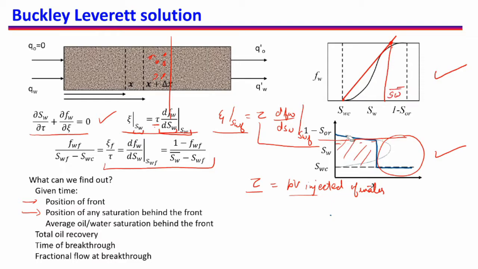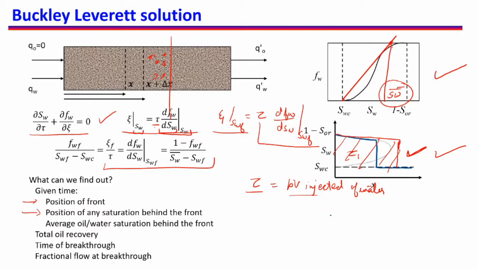No matter where our front is, suppose at time tau 1 this is the position of the front, and at time tau 2 the front will be here, the SWF remains the same for all the time, and now our SW profile will look something like this. In this case also we can find the average saturation behind the front, and the average saturation will still be the same. So the average saturation does not change behind the front.